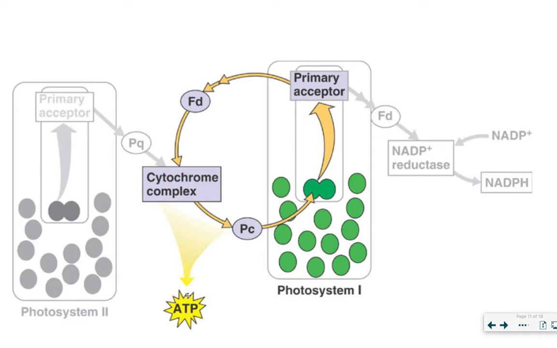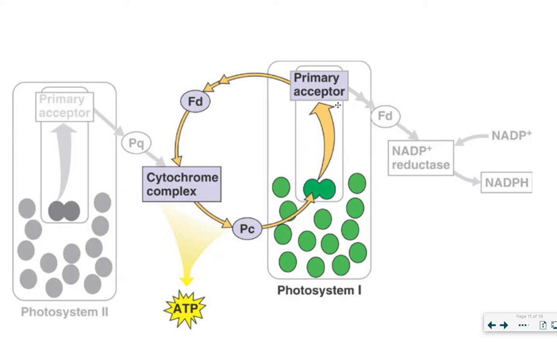Chloroplasts in plant cells will only do this if there is a shortage of ATP that needs to be addressed, because in doing this, the cell is not making NADPH, and so the Calvin cycle will not happen without that NADPH.